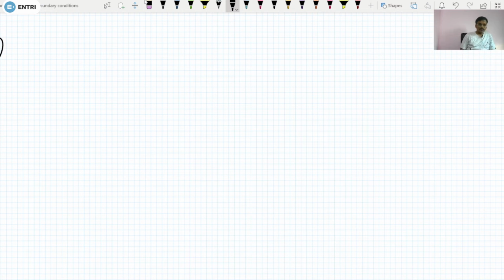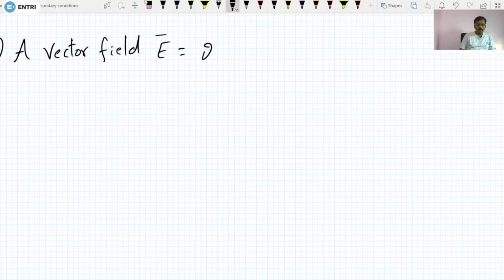Okay. So what they have given is a vector field E bar, which is equivalent to 2x ax cap plus 5y ay cap plus 3z az cap.